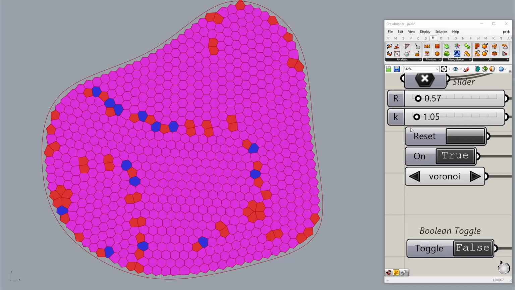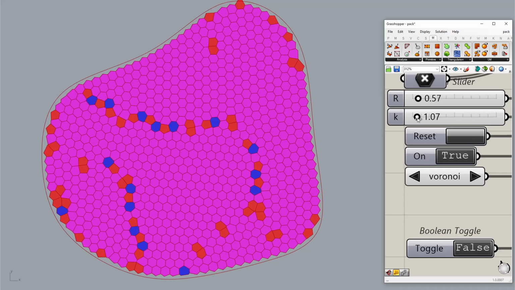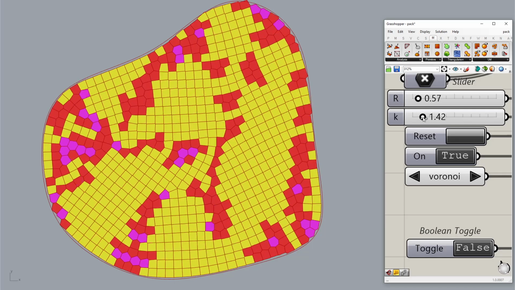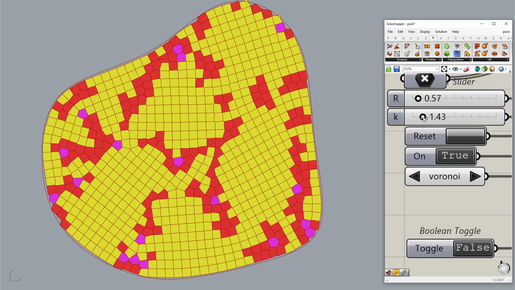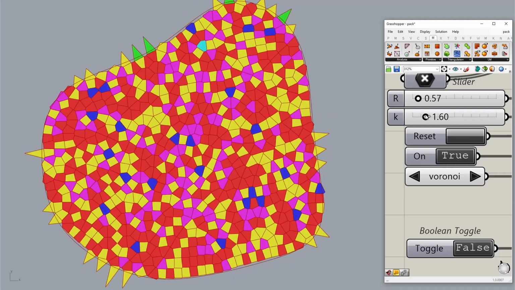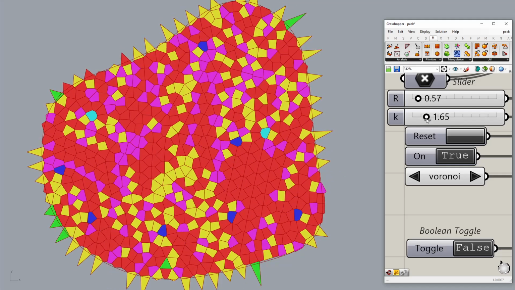Let's have a look. Increasing the pressure, going from hexagon to squares. If we still increase the pressure at 1.6, yes, we have half hexagons, couples of pentagons.